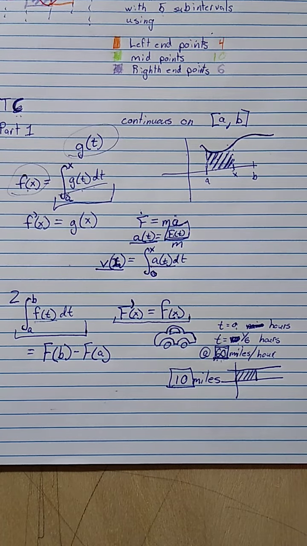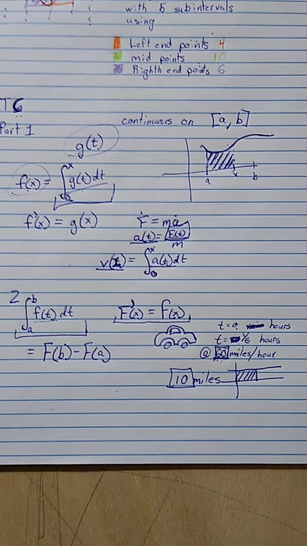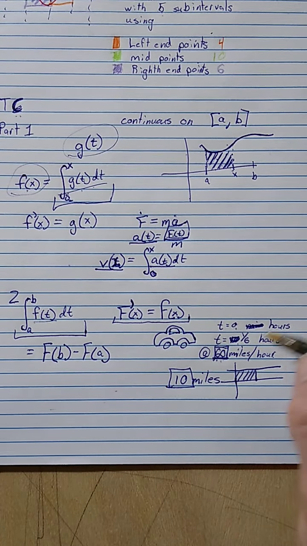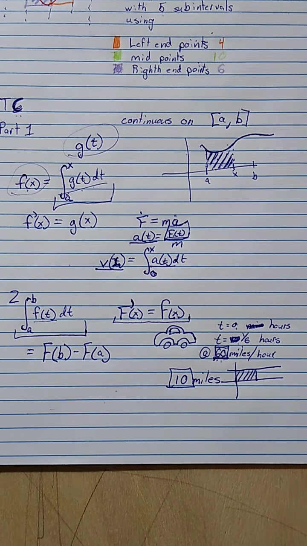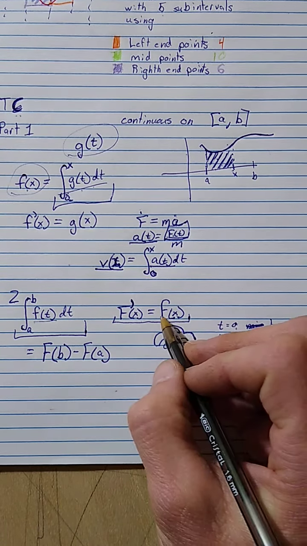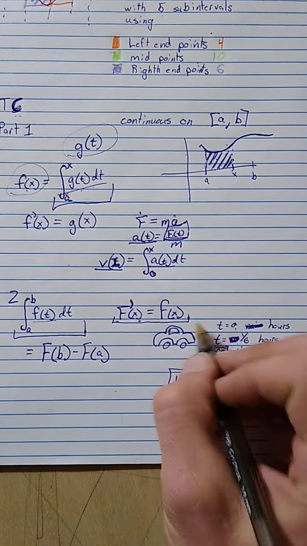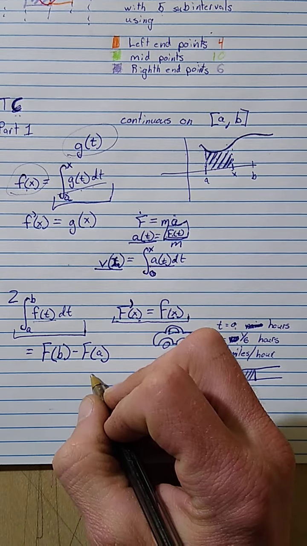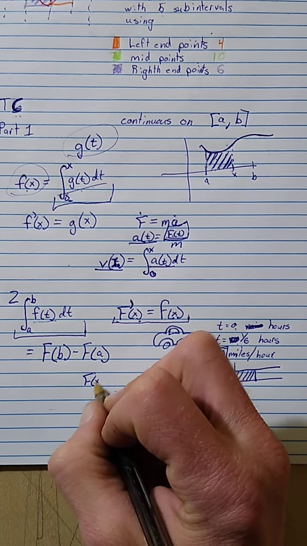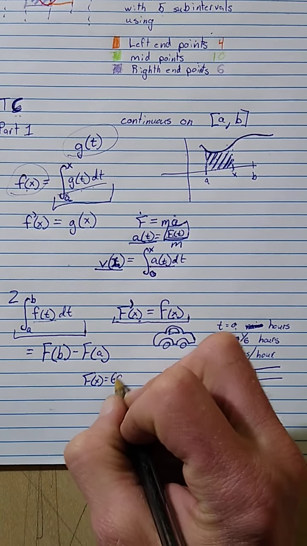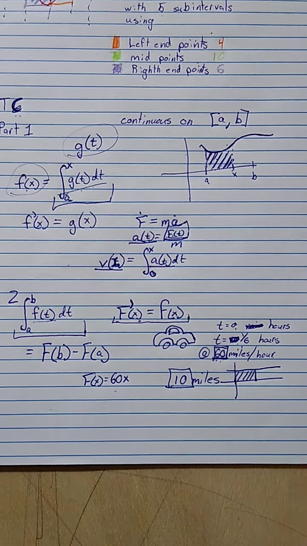Okay, so on the other hand, I know that the antiderivative of 60, if f of x is 60, I can have a function whose derivative is 60, namely big F of x equals 60x.